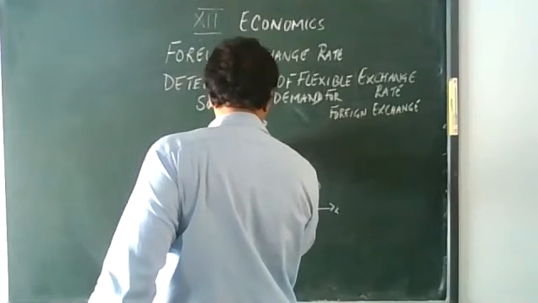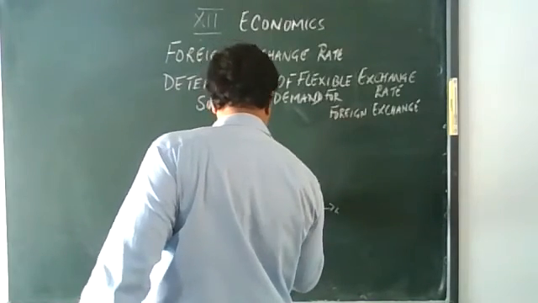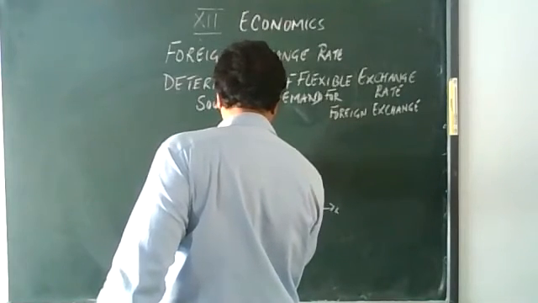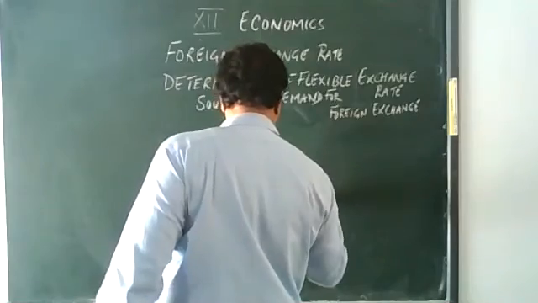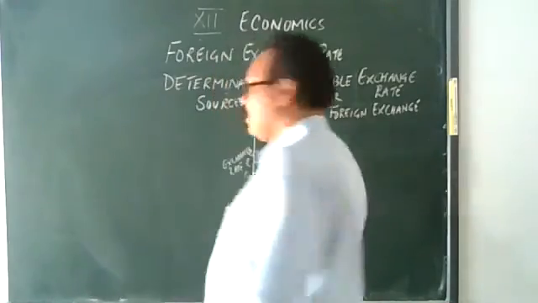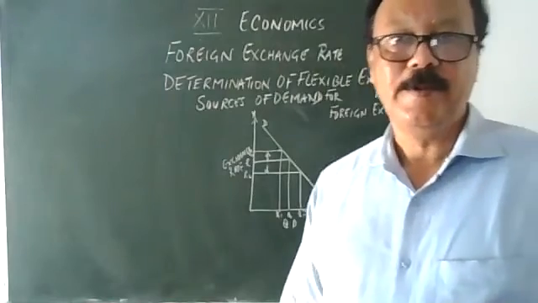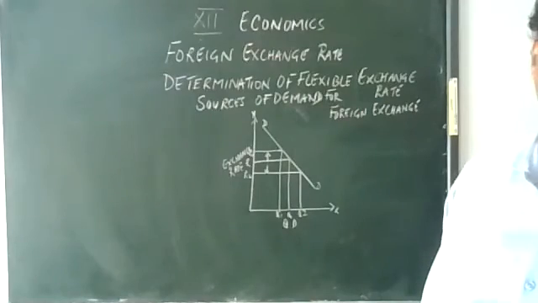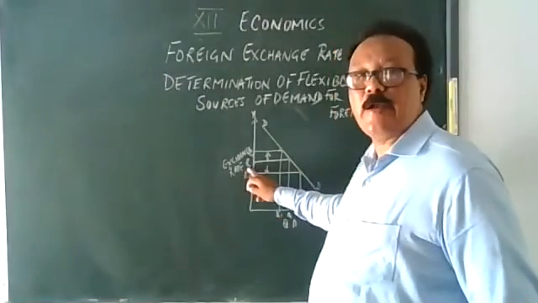The rate increases R1, quantity demanded decreases Q1. If the rate decreases R2, quantity demanded increases. There is an inverse relation. You learned this already in class 11. Demand is a negatively sloped, downward sloping curve. Here instead of price, we are talking about the rate.